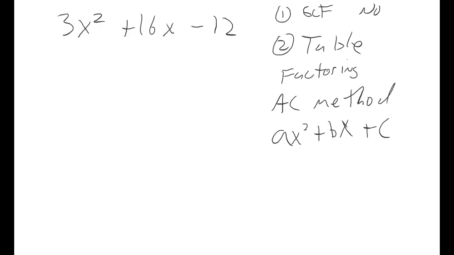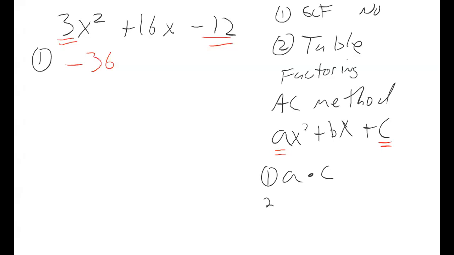And there is my A, C, right? So step 1 is to multiply A times C. So if I do step 1 here, I take my 3 and multiply it by negative 12. So 3 times negative 12 is negative 36.